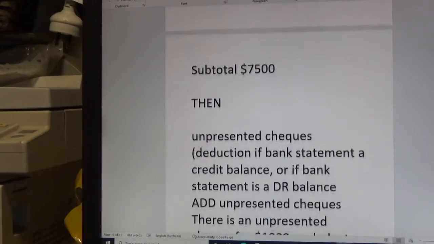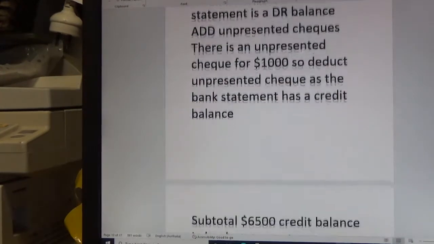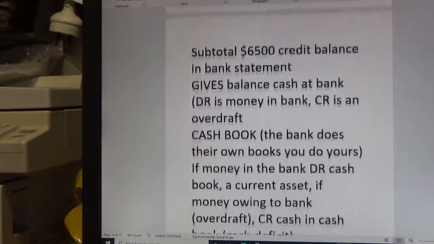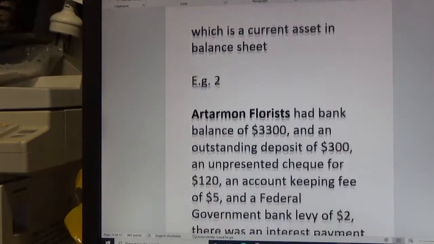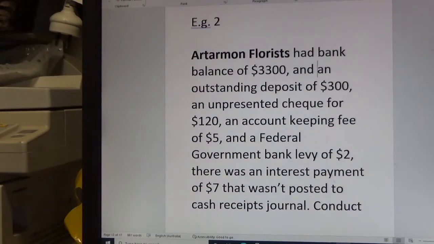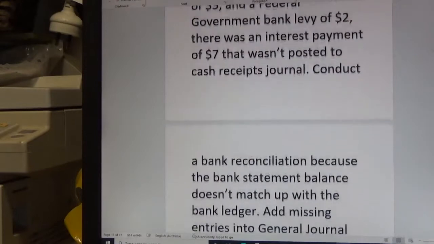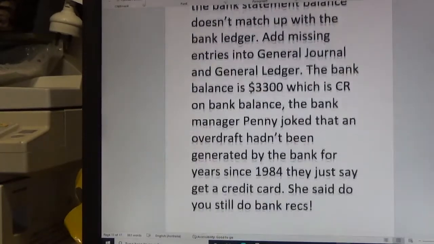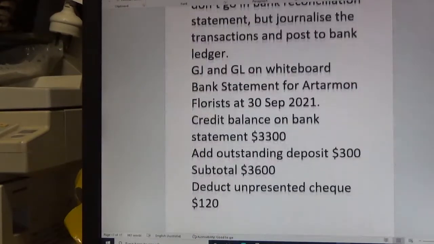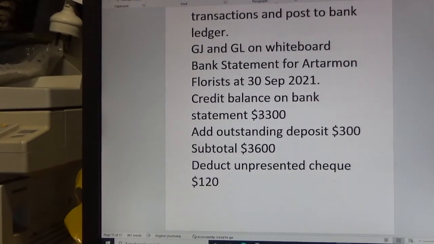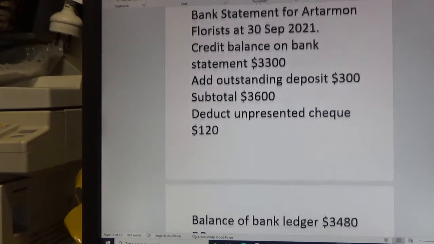Back to Artarmon Floris, double check that you've made the correct entry. We've started the bank rec, and our new subtotal is 3,600. 3,300 plus 300 gives you 3,600, and then you deduct unpresented checks, 120, from that subtotal.